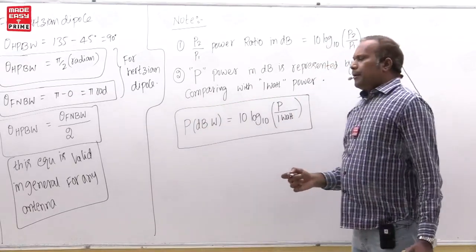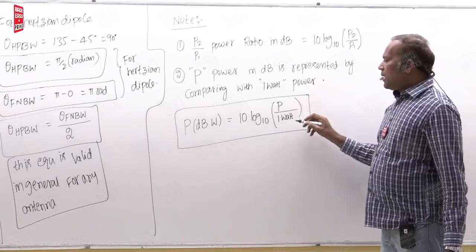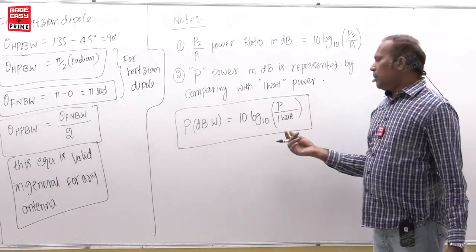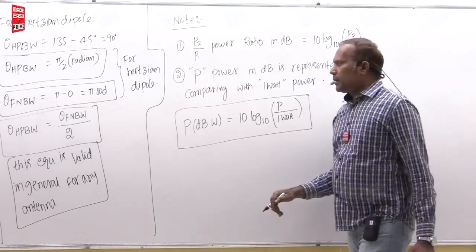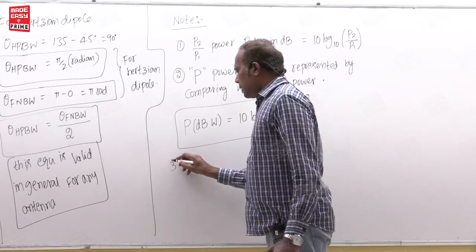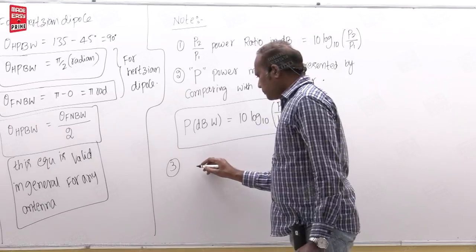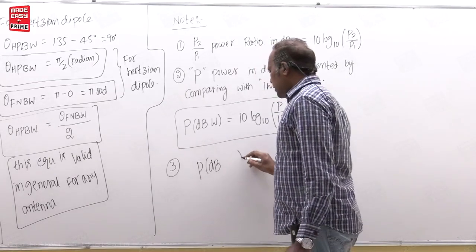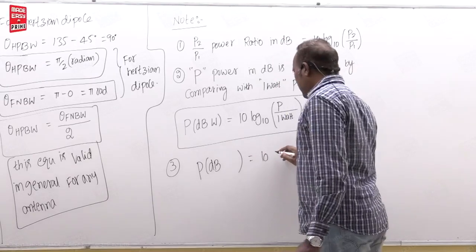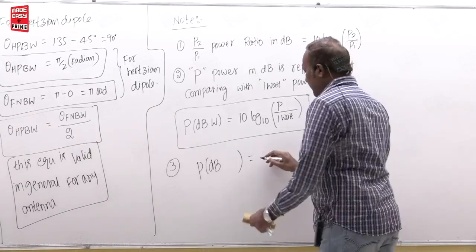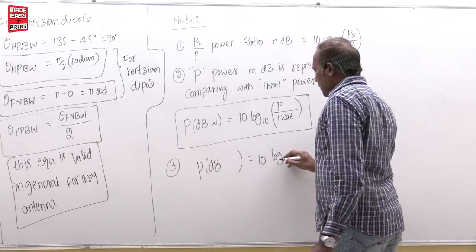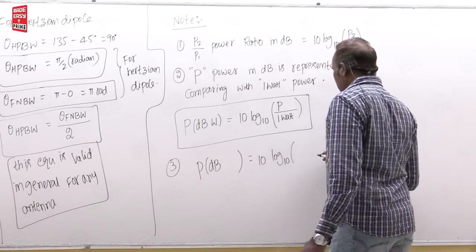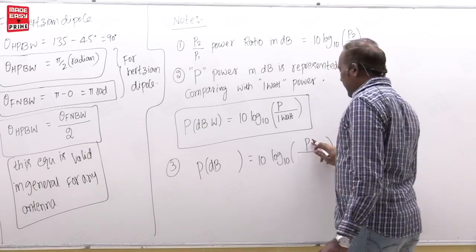Similarly, if powers are in milliwatt range, then we will be comparing with 1 milliwatt. Power in decibels means you have to take 10 log 10, but this has some units.